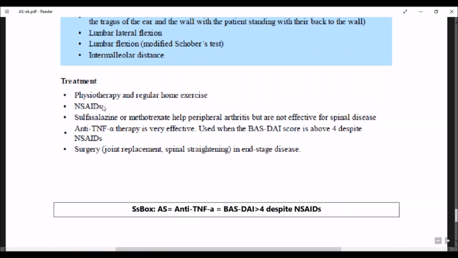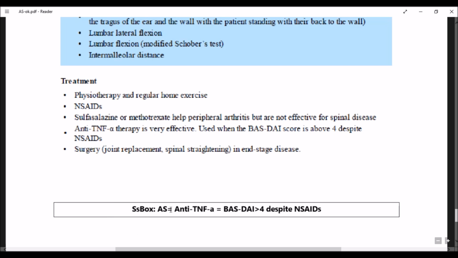Physiotherapy and NSAIDs, we said NSAIDs are the first line treatment. And we already learned that sulfasalazine and methotrexate are basically for the peripheral joints, not effective for the spinal joints. And anti-TNF alpha therapy, one of the important points in the last talk, is very effective. It is used when the BASDAI score is above 4 despite NSAIDs.